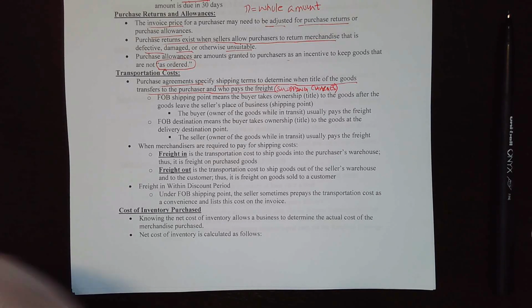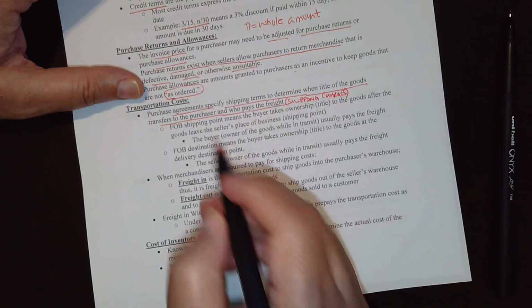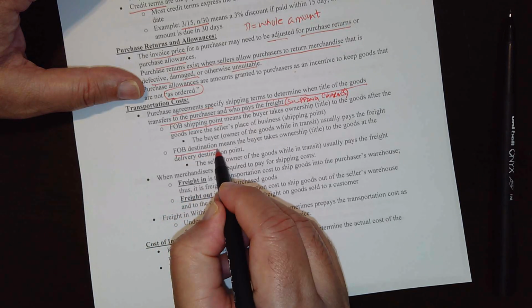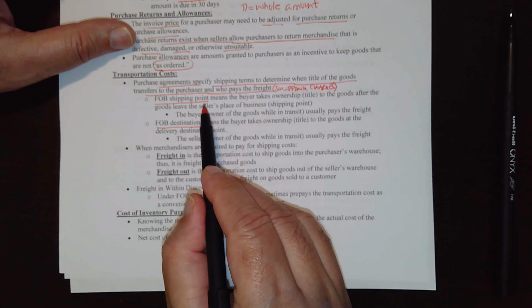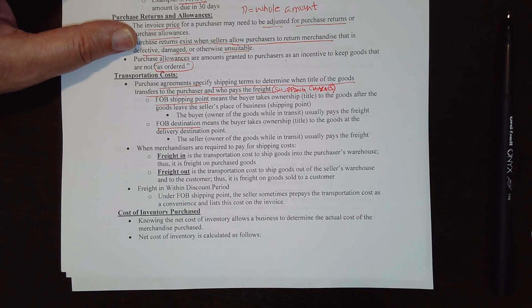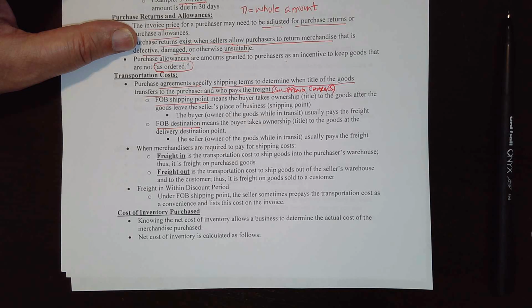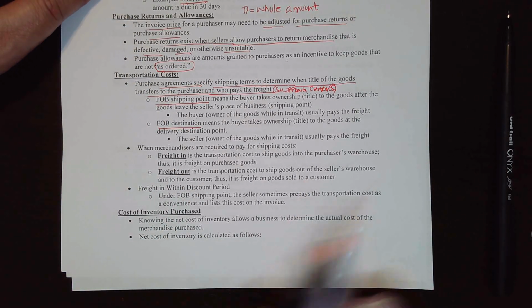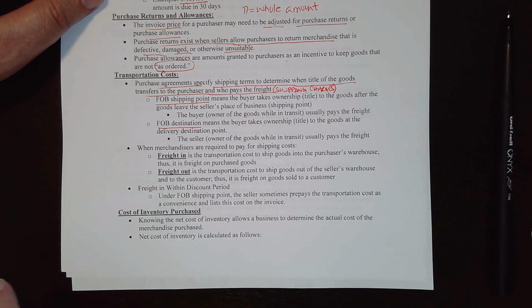So there are two terms that we use in business. One is called FOB shipping point and the other FOB destination. FOB shipping point simply means as soon as the vendor ships the item, meaning gives it to UPS or FedEx, he has no responsibility, meaning the ownership transfers to the purchaser. Okay.